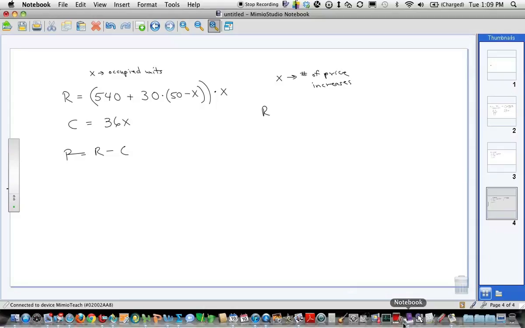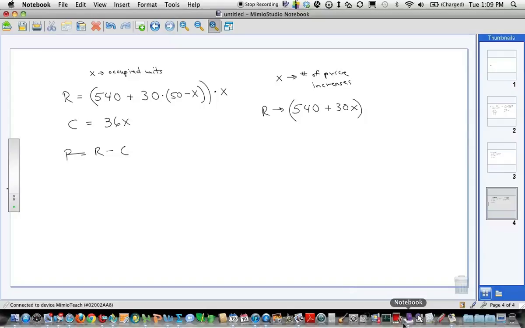If we would do that, then what would our rent be? Well, our rent would be 540 plus what? 30x. So it makes that part of it easier. That's the rent for 1 unit. Then we have to multiply that by the number of units.